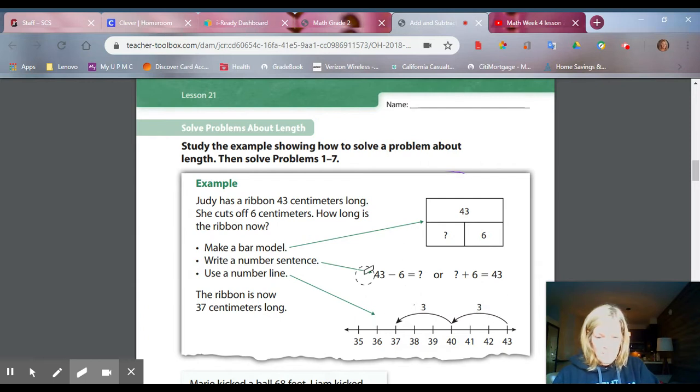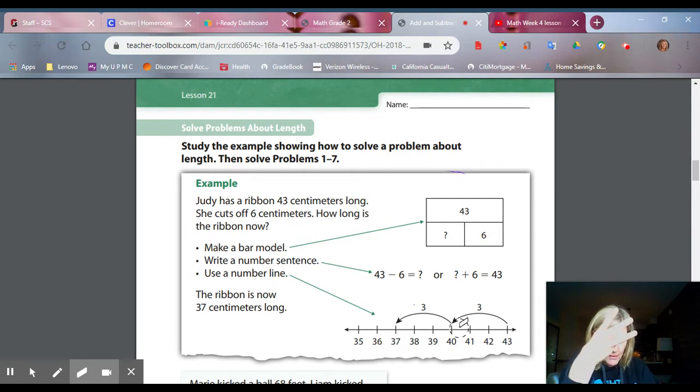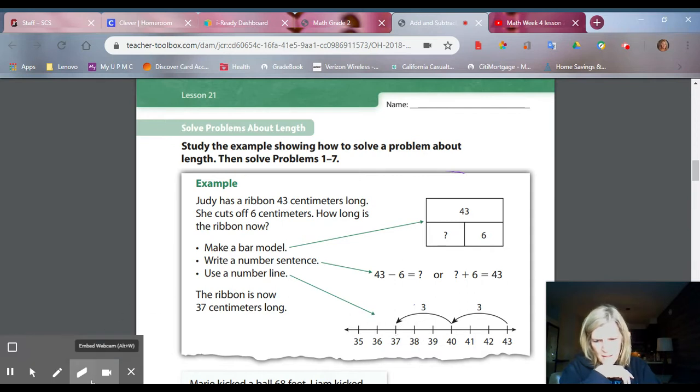So they started at 43, and they counted back. 43, take away 3, 43, 42, 41, 40, and then 3 more, 39, 38, 37. So 43 take away 6 is 37.